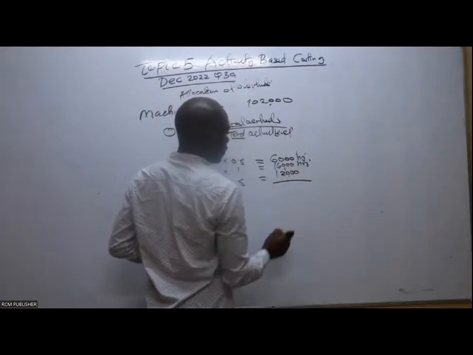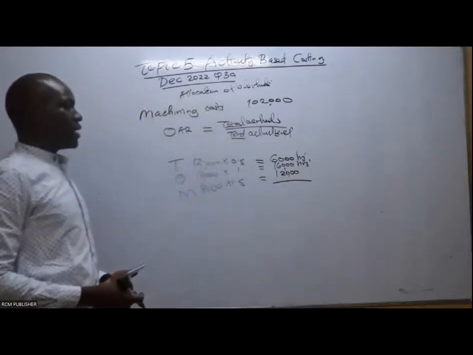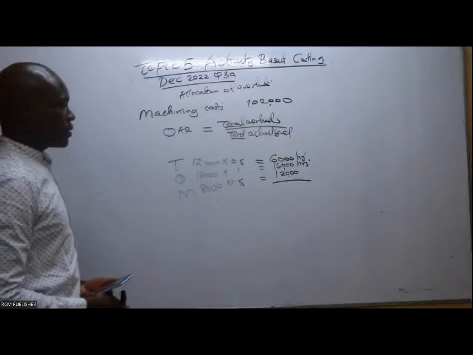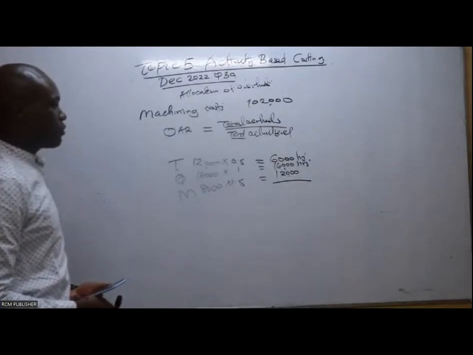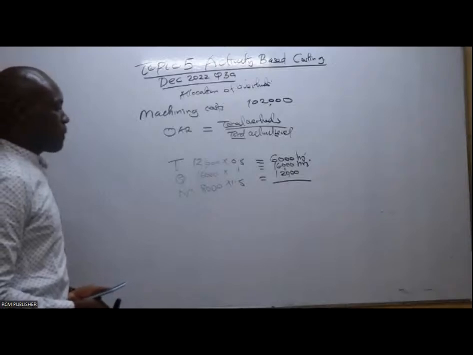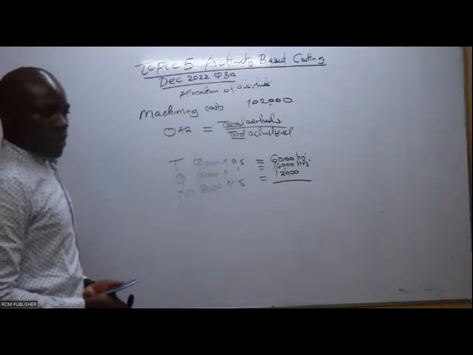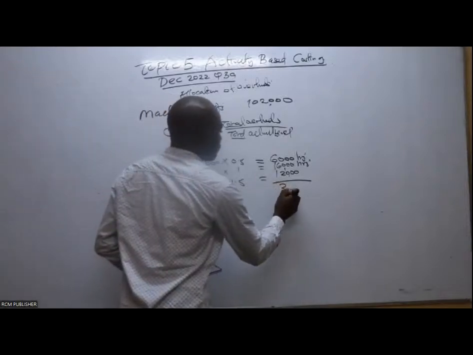So add everything: 12 plus 16 is 28, 28 plus 6 gives us 34,000 hours.